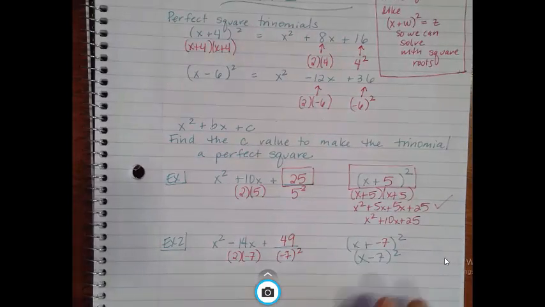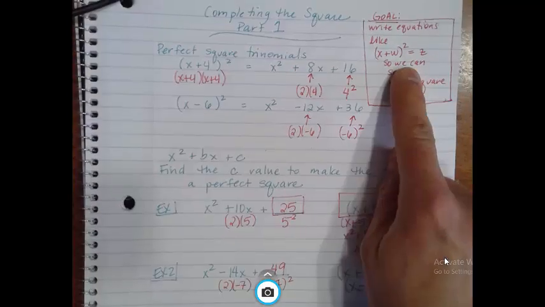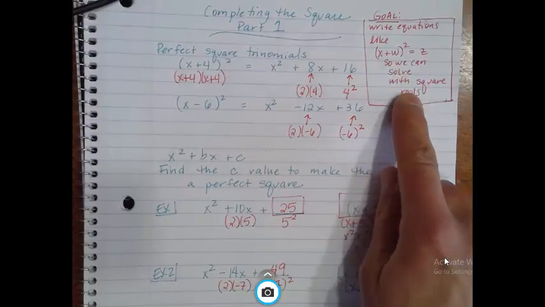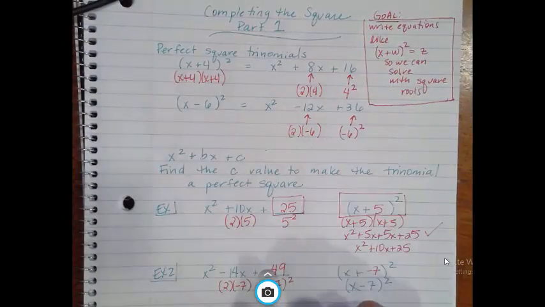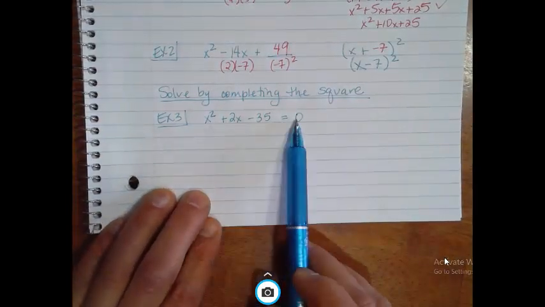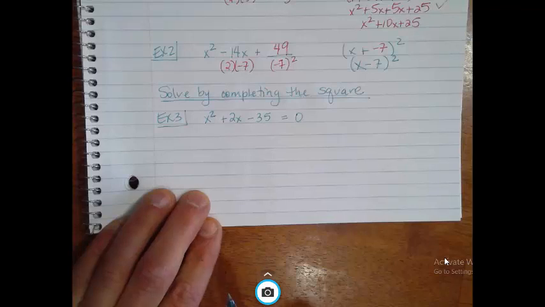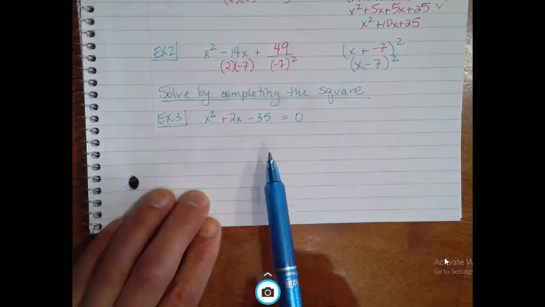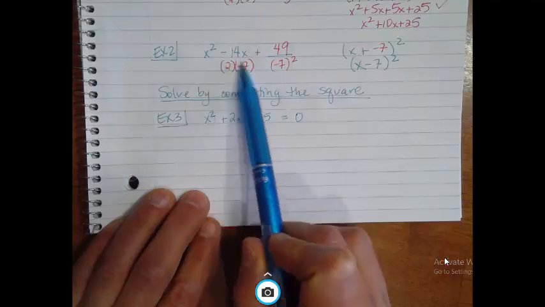So what's the point of being able to do all this? Remember our goal, we want to be able to write an equation like this so that we can then solve by taking a square root. Now I could solve this by factoring, but we're going to try solving by completing the square. The first thing I want to do is mimic what we did up here.